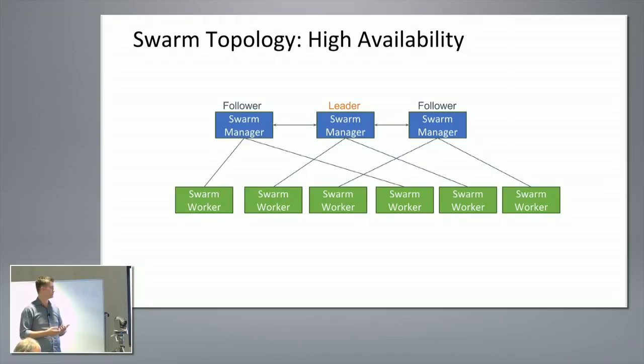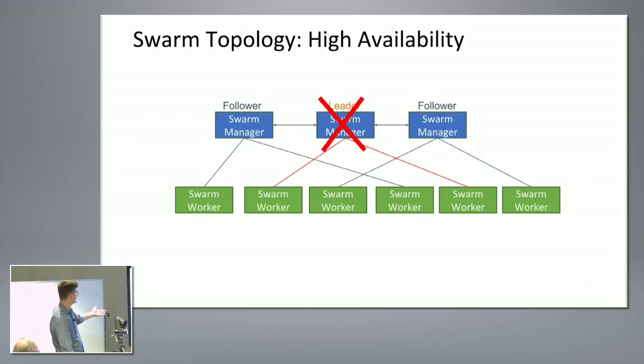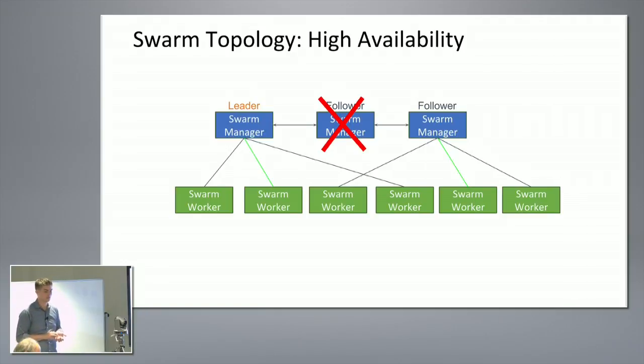They heartbeat each other, they make sure that the leader is still working, and in case of failure, let's say that the leader fails here, the 2 other followers will notice that and will perform a leader election, and automatically another leader is elected and the connections from the workers are rerouted, which means that you get built-in HA and fault tolerance without doing anything. You just have to join machines together and the system will perform all that for you automatically.